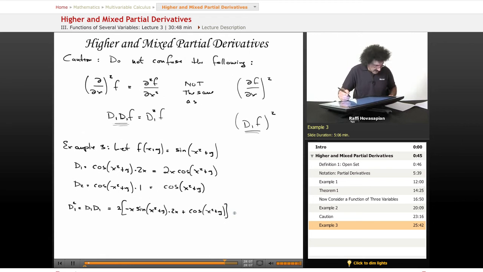And when we put this together, the 2 and the 2, this is a times, not a minus sign, you end up with minus 4x squared times the sine of x squared plus y, plus the cosine of x squared plus y. So that is the derivative with respect to x of the derivative with respect to x, d1 squared, d1. I really love this capital notation, and I love not writing the f's.